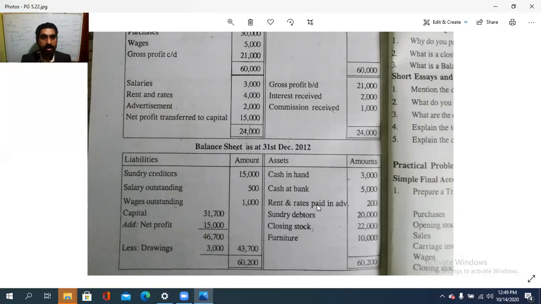Please have a look at each and every topic: how a journal entry is to be passed, how a ledger account is to be prepared, how the trial balance is prepared from the ledger accounts, how the trading and profit and loss account is prepared from the trial balance, and also the balance sheet.